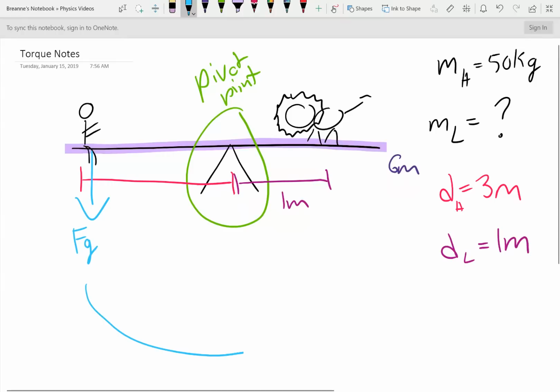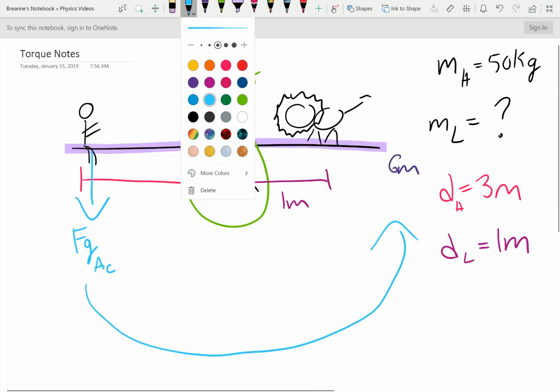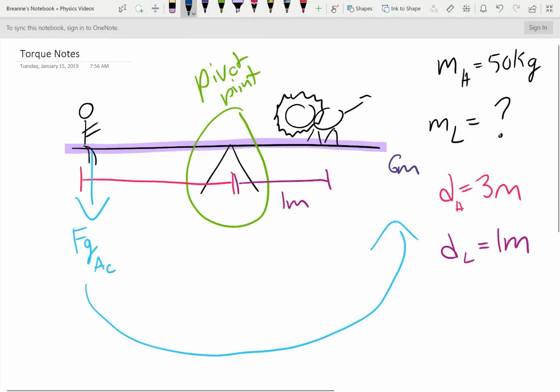So it would cause the object to rotate kind of like that. So that would be an anti-clockwise matter. If you look at Leo, his is his force of gravity, but he's going on this side of the pivot point. So his would be a clockwise matter.